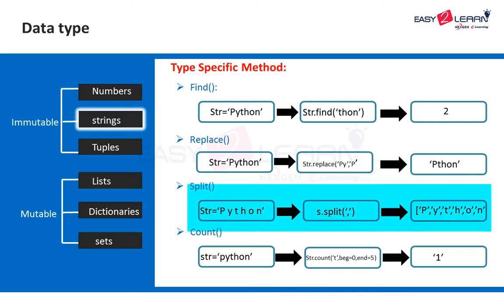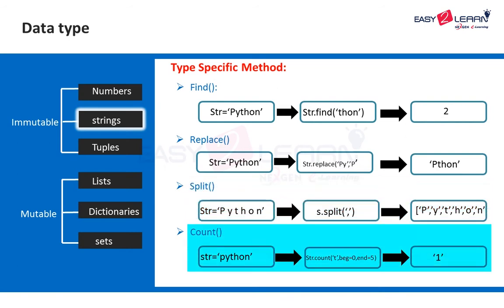And then finally you have the count operation. In the count operation, what you are basically doing is checking the number of times a specific character is present. In this case, I have an original string that is Python, in which I am checking the number of t's. After that, if you wish, you can specify the beginning position and the ending position.